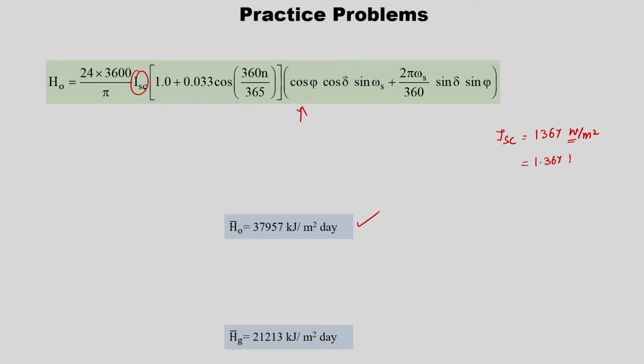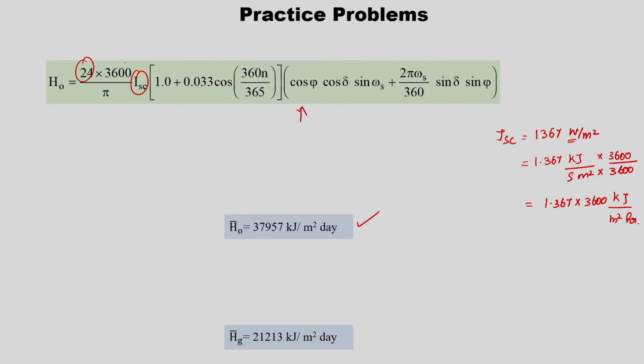So 1.367 kilo, which is joules per second meter square. If we multiply and divide by 3600, that is 1.367 into 3600, this becomes kilojoules per meter square, since 3600 seconds is an hour.